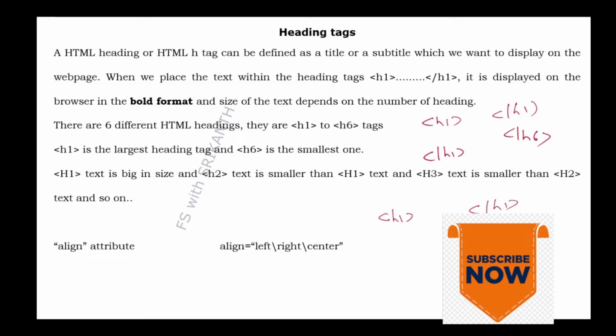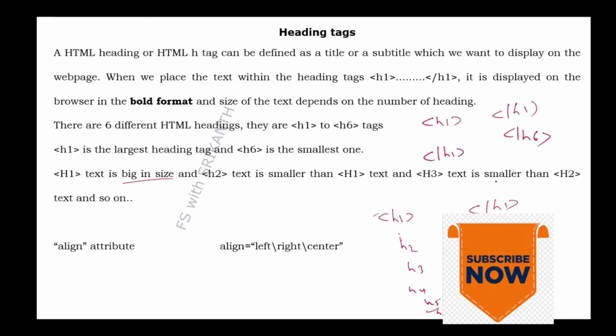When comparing with H2, H3, H4, H5 and H6, the content size is reduced. H1 is the biggest and H6 is the smallest, and from H1 to H2, H2 to H3, the size is reduced one step each, right?